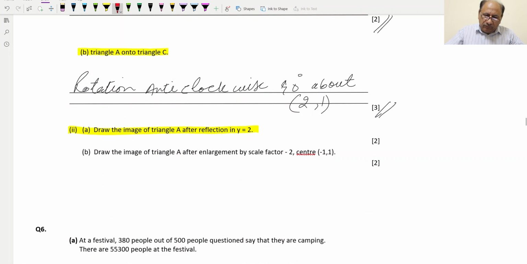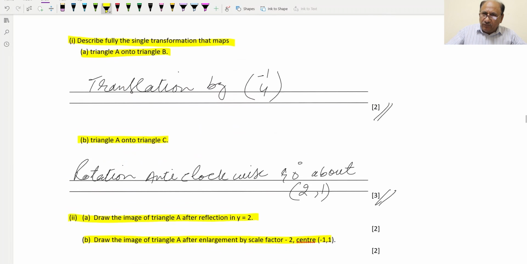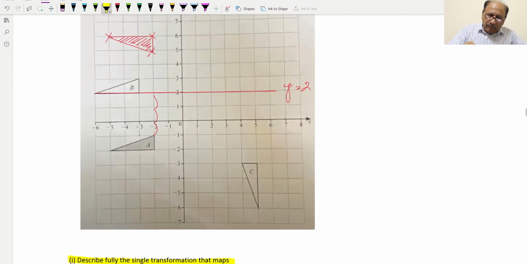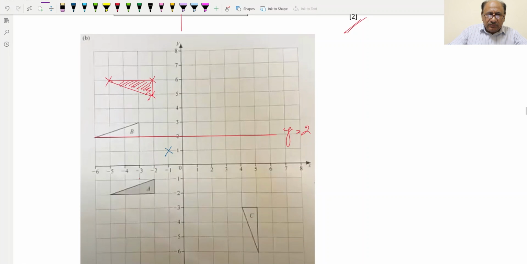And this B part is draw the image of A after enlargement by scale factor -2. Center of enlargement is -1 and 1, which is this one. So now we have to enlarge this triangle, and that enlarged triangle we can figure out basically.